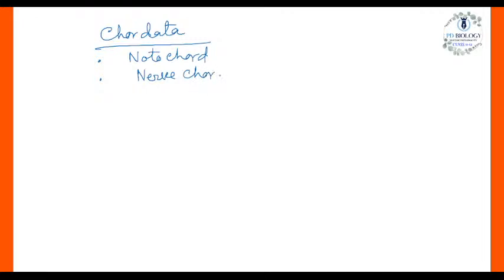So the prime characters of chordata, you read this in your junior classes: presence of notochord, nerve cord that is hollow, and paired pharyngeal gill slits.